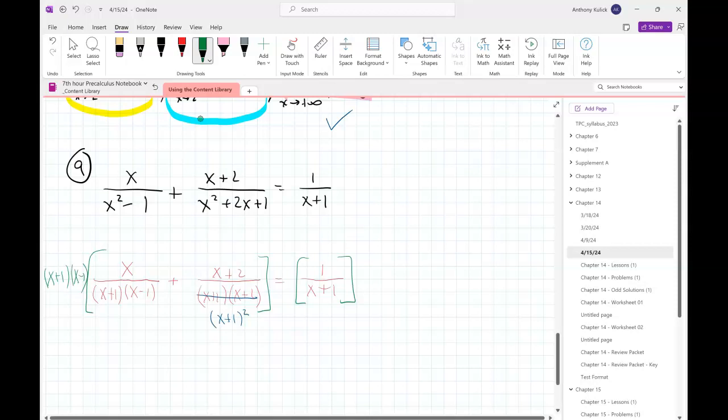Now, what is the biggest number of x plus 1s in any denominator? Two, because that middle denominator is x plus 1 squared. There's 2 copies of it in that denominator.